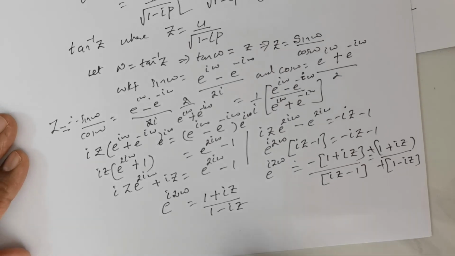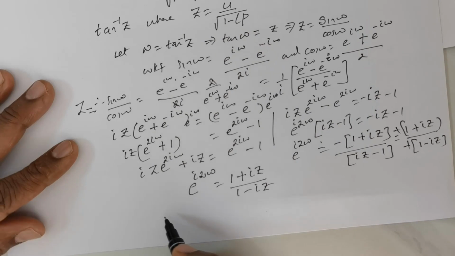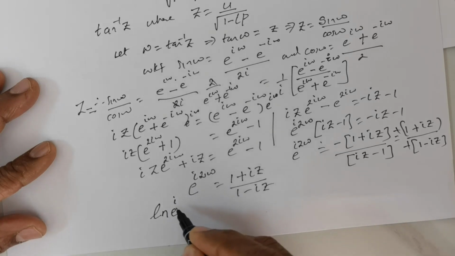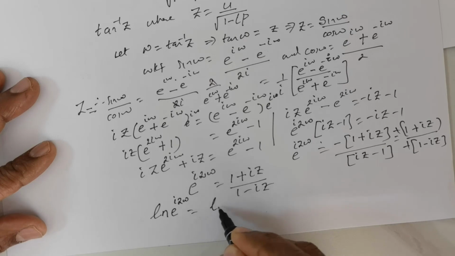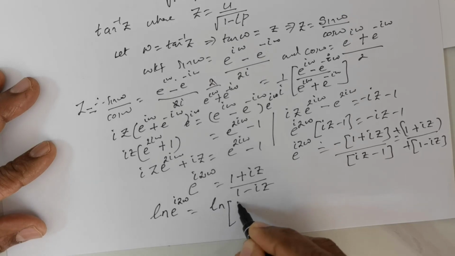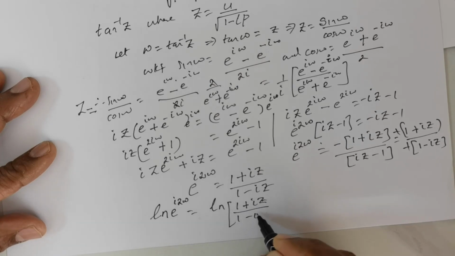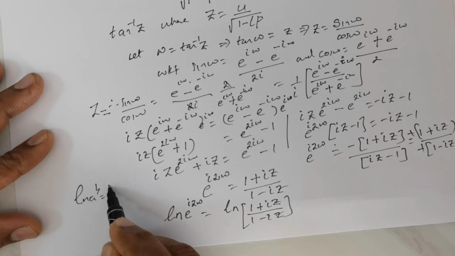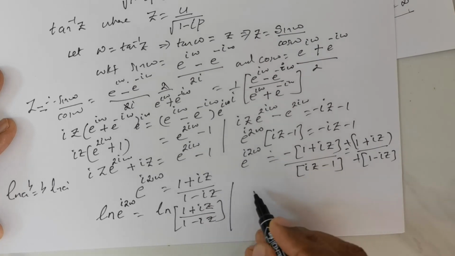Now, can we actually take ln on both sides? So taking ln on both sides, this is ln of e raised to the power of i times 2 omega is equal to ln of 1 plus i times z divided by 1 minus i times z. Now ln of a raised to the power of b is equal to b times ln a. So I'm going to use this part of the space.